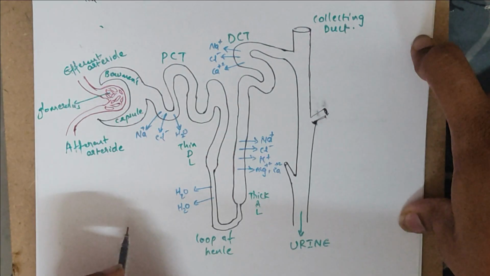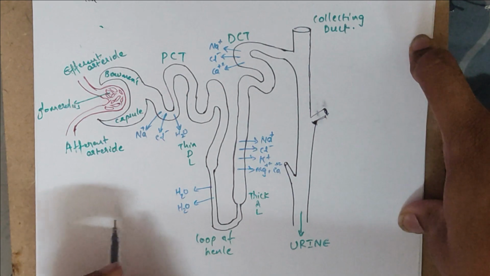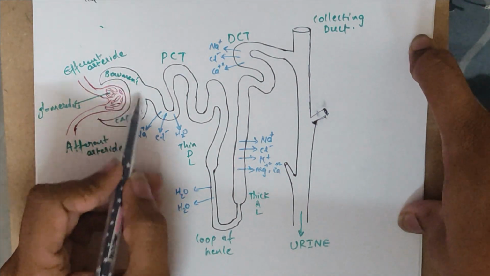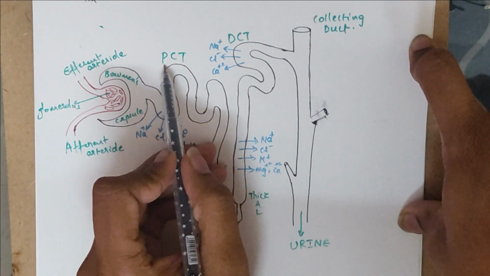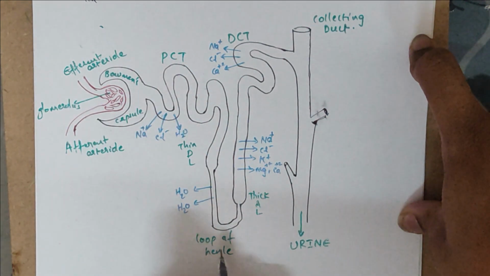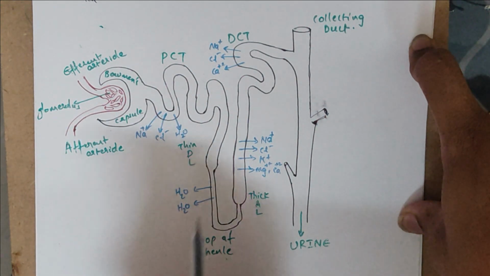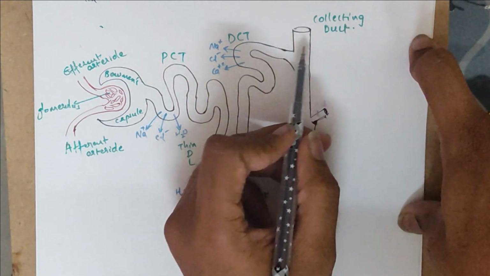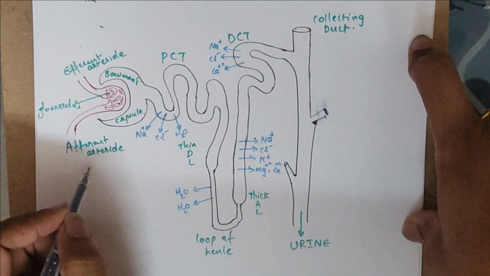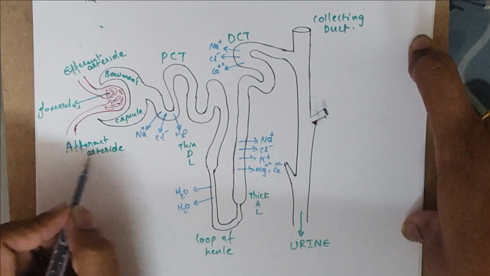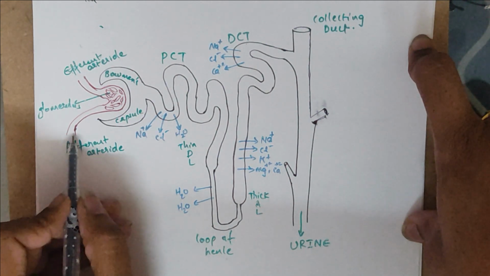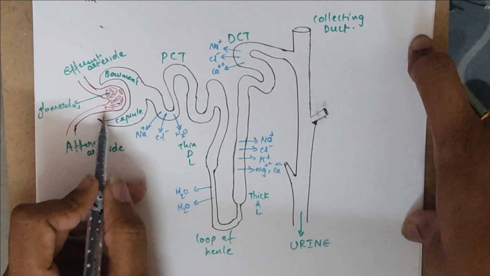The nephron has different parts. Those are Bowman's capsule, proximal convoluted tubule, loop of Henle, distal convoluted tubule and collecting duct. The blood from the afferent arteriole enters into the Bowman's capsule.